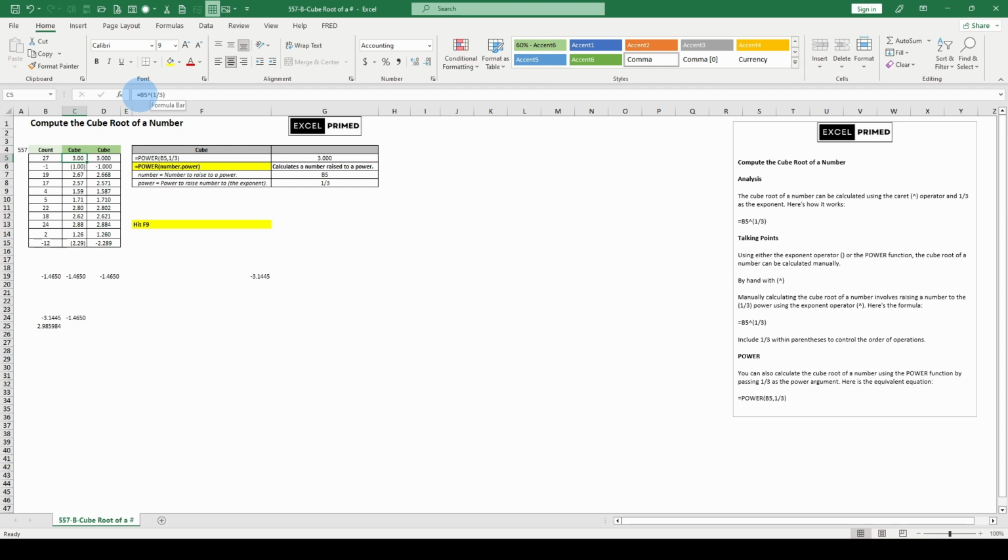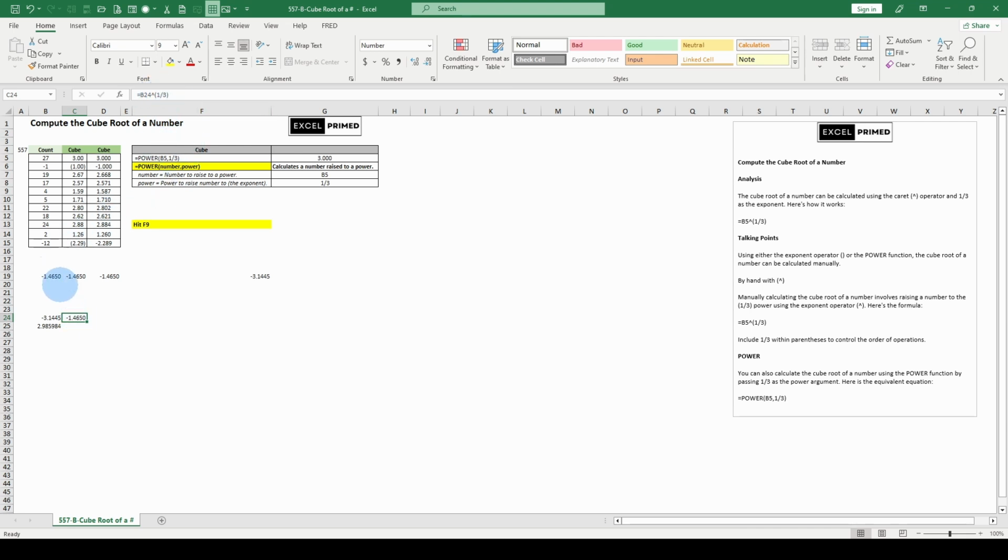Why? Because Excel is going to take the root of 1, and then it divides it by 3. We don't want that. We need 1 divided by 3, which is going to be 0.33333. I was in a hurry and I didn't enter the information correctly. Make sure you put the 1 in parentheses.